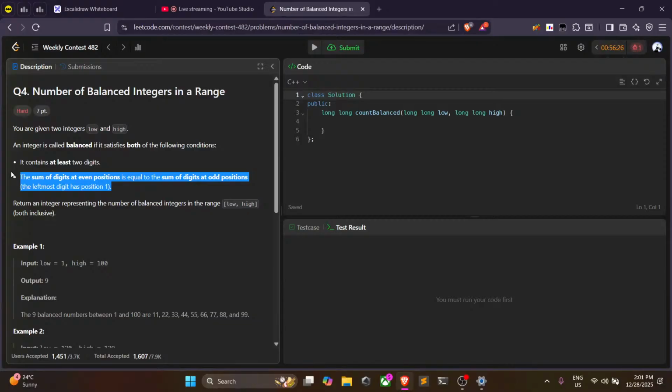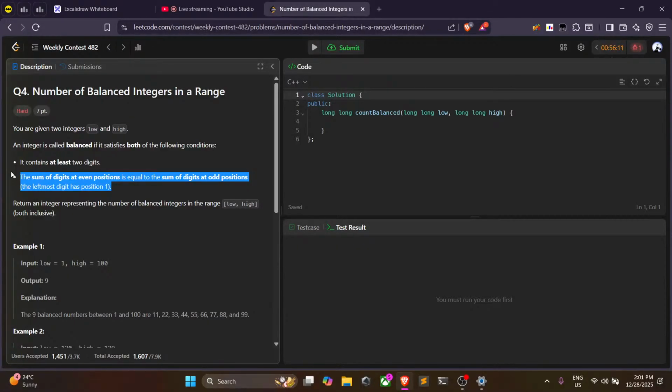It looks like it's something related to digit DP.